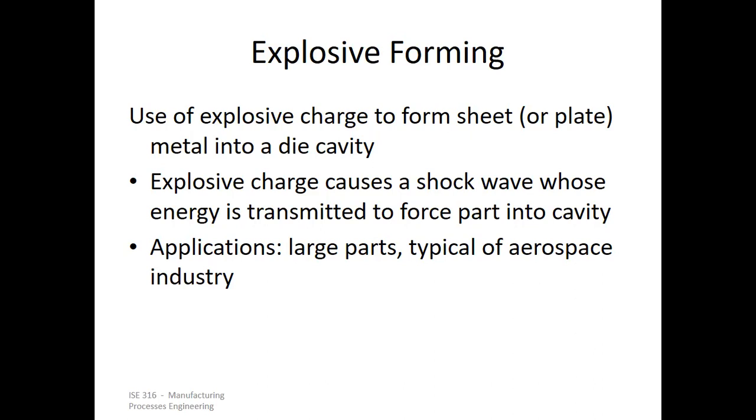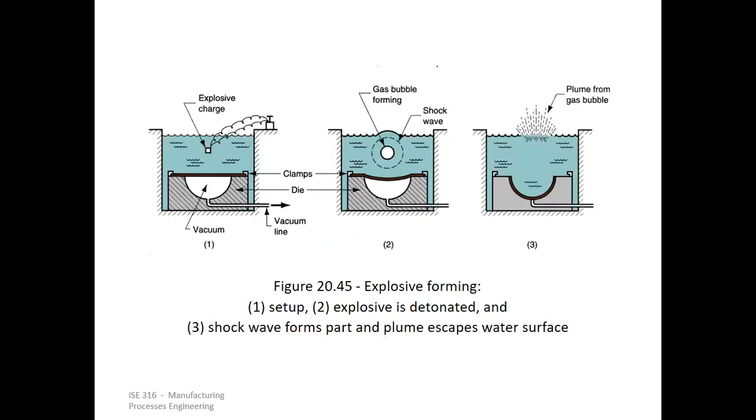How that is achieved is through explosive forming. You can see here this explosive charge is set so that it gives energy through this fluid to this sheet that is kept here. Now that gas bubble forming is because of the explosive being exploded, and therefore you get this shock wave, and it travels up and it travels down.